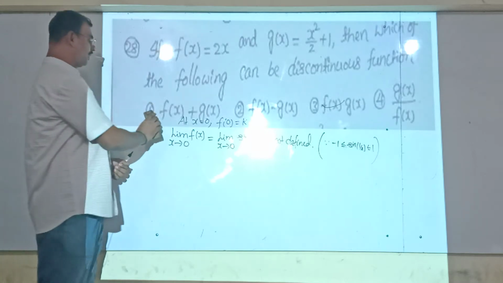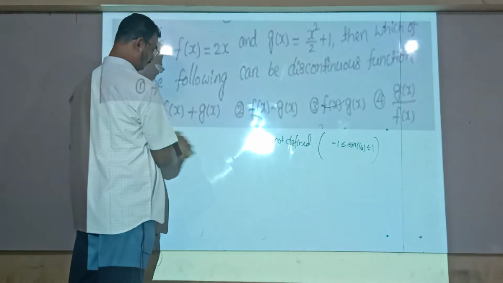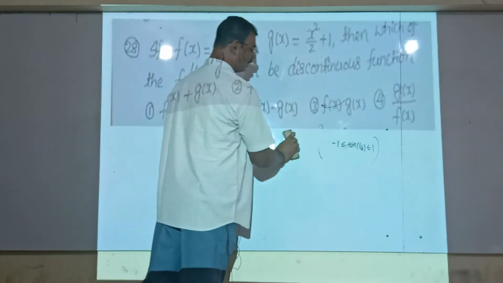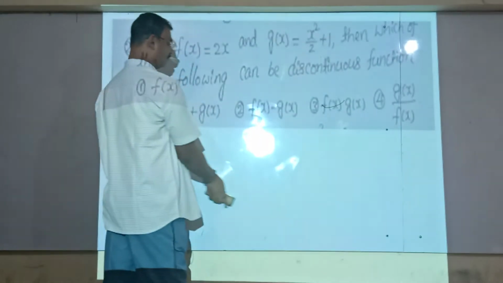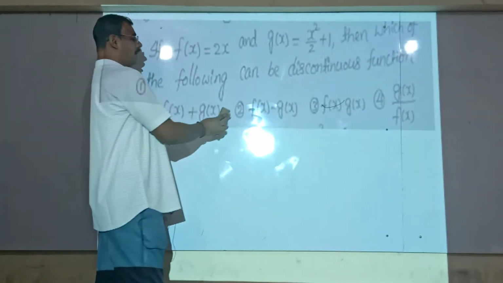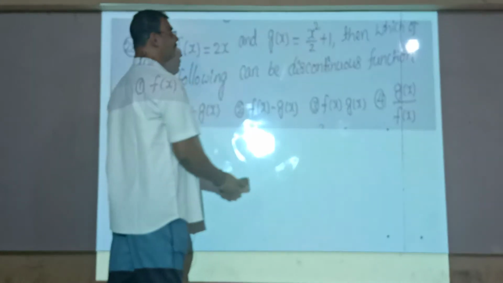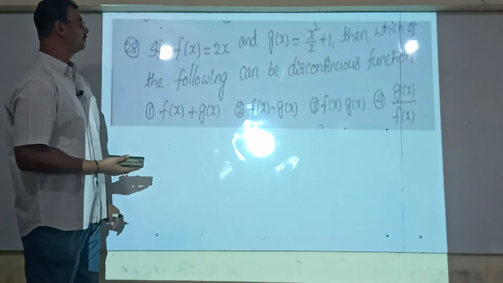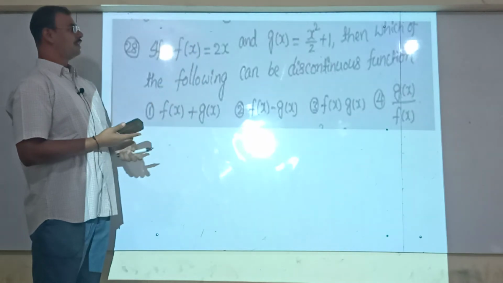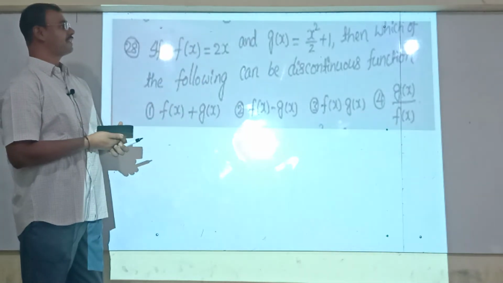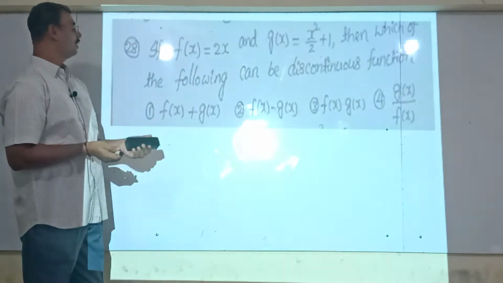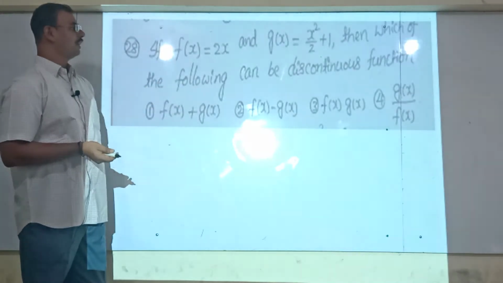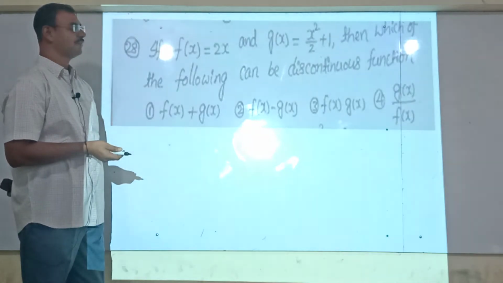See the problem number 28. Read the question. If f of x is equal to 2x and g of x is equal to x squared by 2 plus 1, then which of the following can be a discontinuous function?